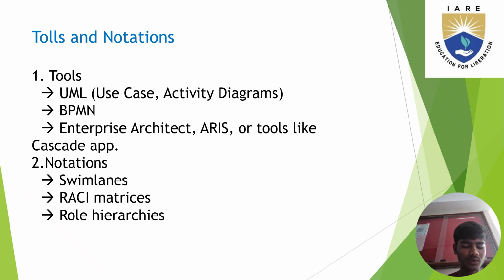Next, how to implement a cascade role definition. Map your organizational structure. Start by mapping out your company's hierarchy and the typical responsibilities at each level.